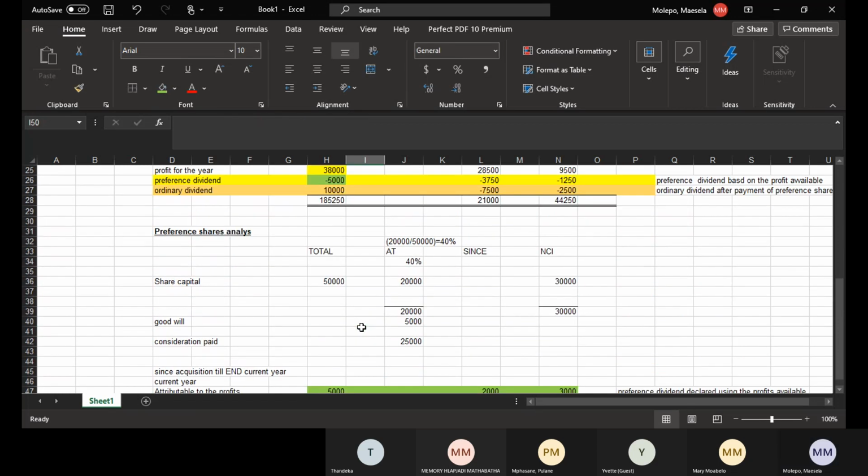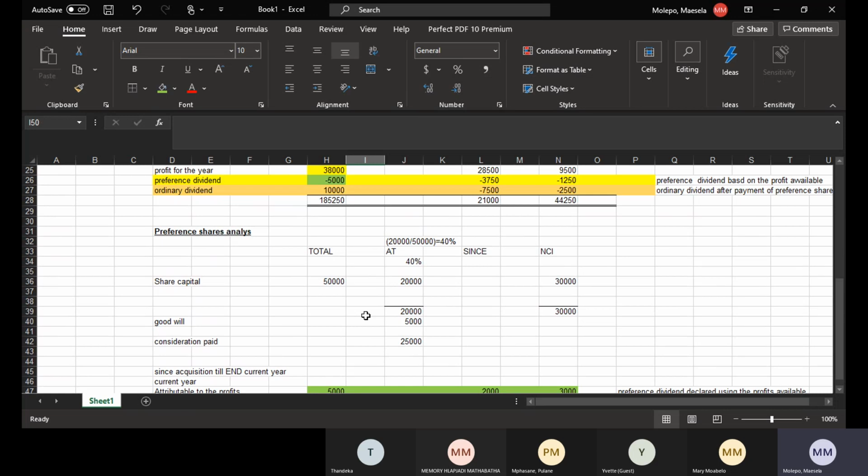Then when you check your pre-adjustment statement of financial position, they told us that the share capital for the preference shares consists of 10,000 preference shares at 50,000, which equals 50,000 rand. So you say the 50,000 in rand multiplied by 10%.